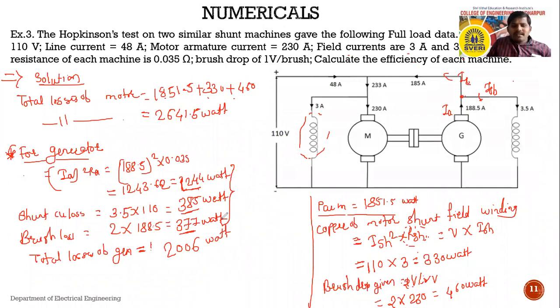It is nothing but the total losses of the generator, that is the total copper loss of the generator.